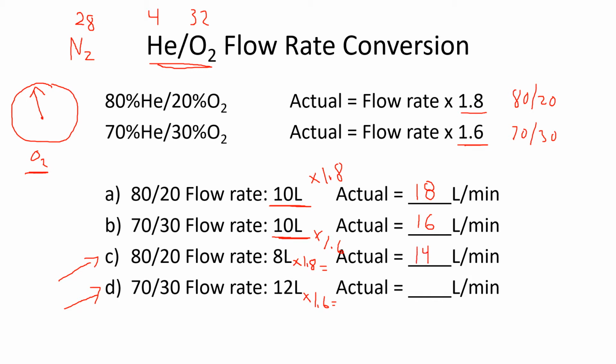All right, 14.4. How about D? All right, so that's it. Just remember, because helium's a lot lighter, you're actually going to be delivering more because we're using an oxygen gauge, not a helium-oxygen gauge.